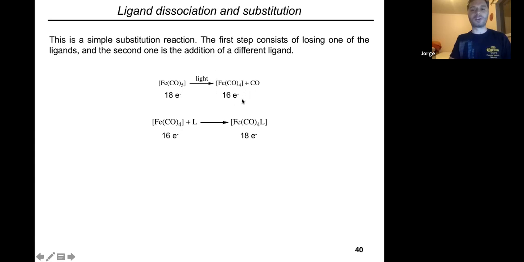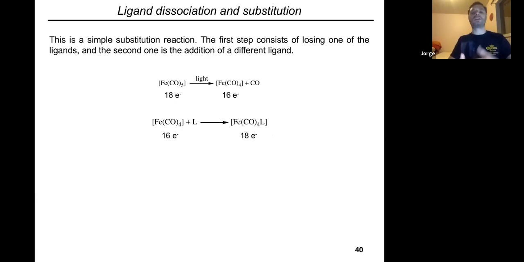As a consequence, this intermediate has 16 electrons, therefore is unstable, therefore is reactive, and it's going to react with a ligand L. So this ligand L provides electrons to the system, forming an 18 electron species that is stable. Okay?